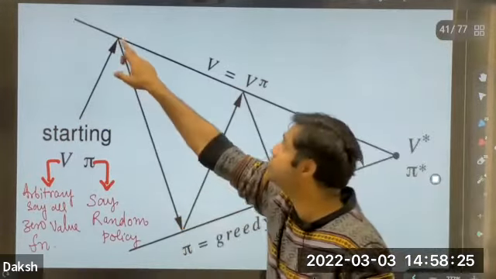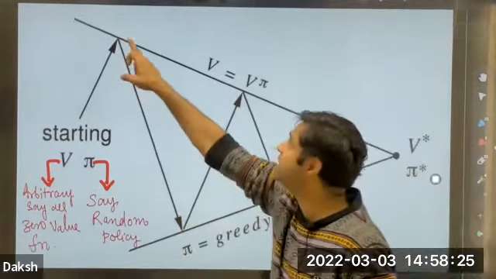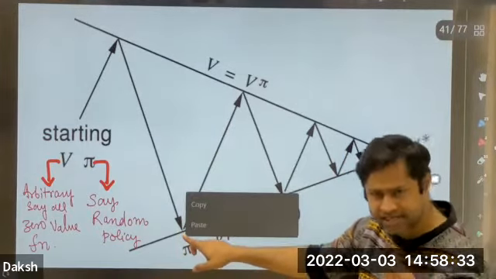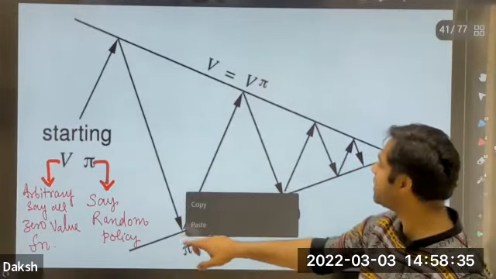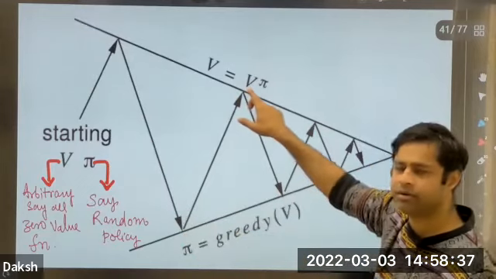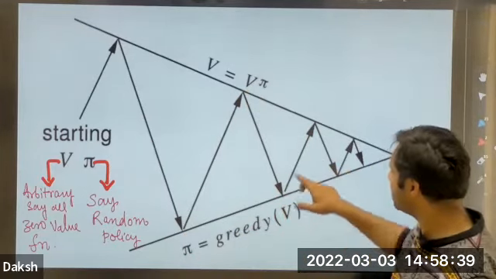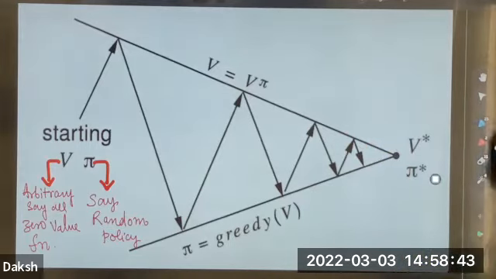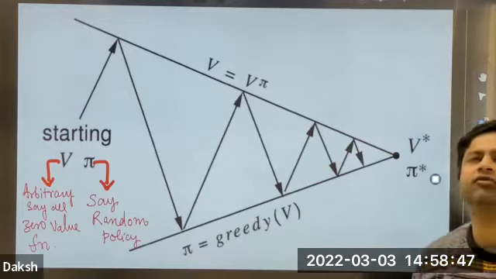I can play slightly with some policies, iterate over here, get the value, get the next pi. For that pi, again I get a value, again pi, again value, again pi. That is policy evaluation and policy improvement.